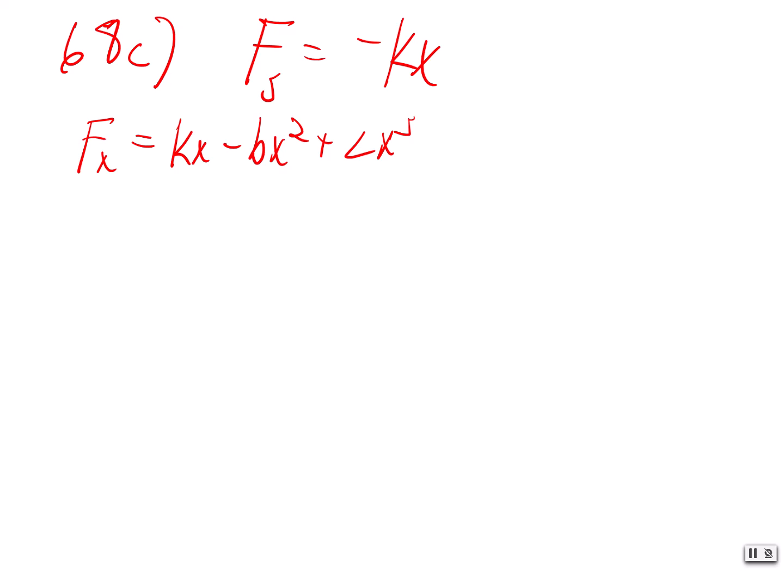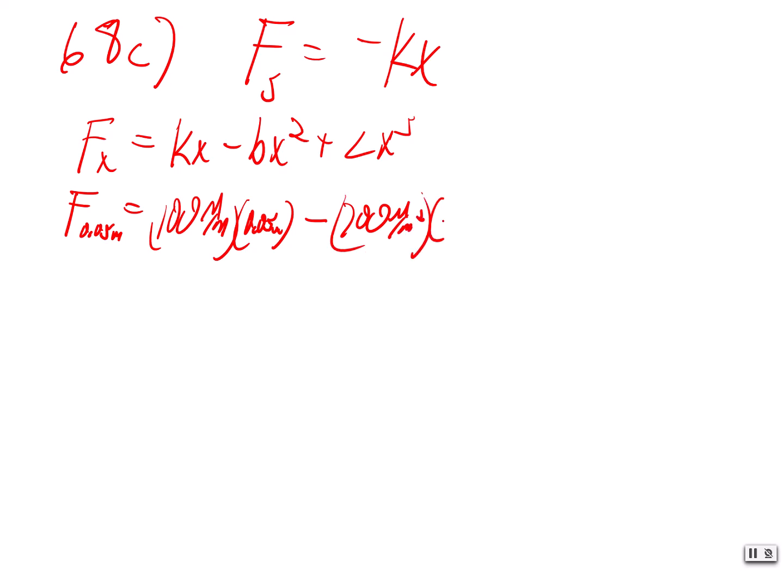So now let's just plug in everything for 0.05 meters, positive. Okay, well, plug it in. You got 100 newtons per meter times what? It's positive now, 0.05 meters, minus, what was that? 700 newtons per meter squared times 0.05 meters squared plus 12,000 newtons per meter cubed times 0.05 meters cubed.